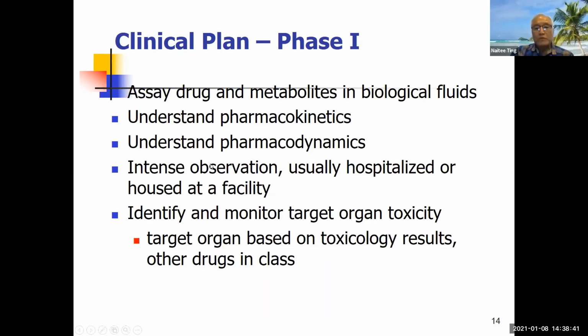And phase 1 trials are typically intense observation, usually hospitalized or in a hospital facility. So in other words, we will say these are sort of inpatient studies. So subjects go to the clinic or go to this facility, they'll stay there for 24 hours, 48 hours, 72 hours. So it's very intensive observation.